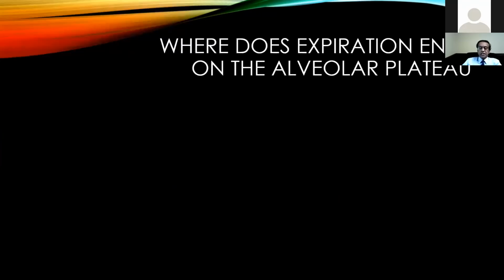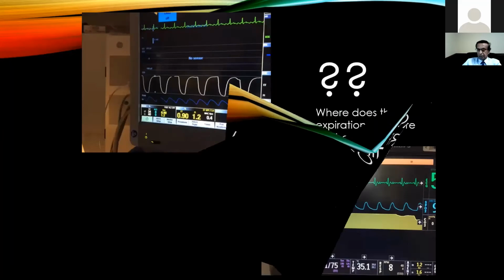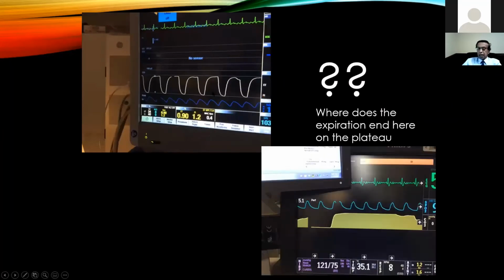Now, where does expiration end on that alveolar plateau, particularly in a time capnogram? Now, there are two capnograms here. One capnogram you can see here looks like a very normal capnogram. And this looks like a capnogram with a very prolonged expiratory plateau.